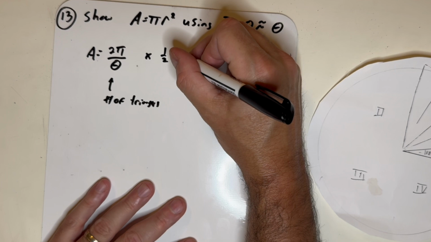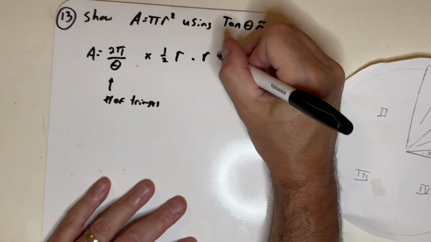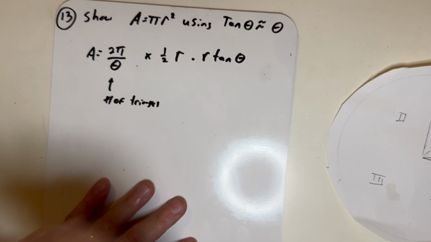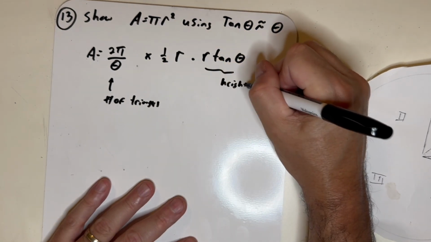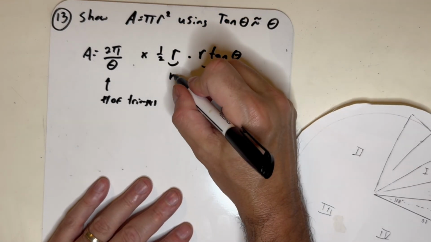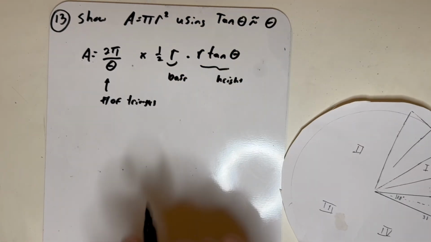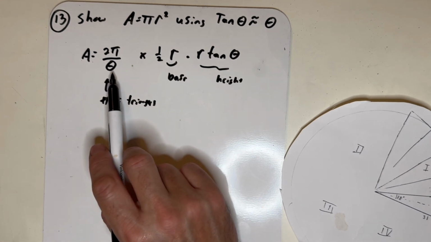The triangle base is going to be r, and the triangle height is just r times the tangent of theta. So this is the triangle height for each of these triangles that we have here, and this is the base. So this is just our formula. We're going to divide up the entire area of the circle into some number of triangles.